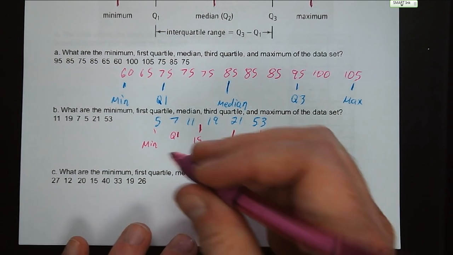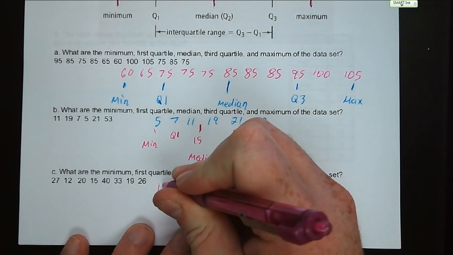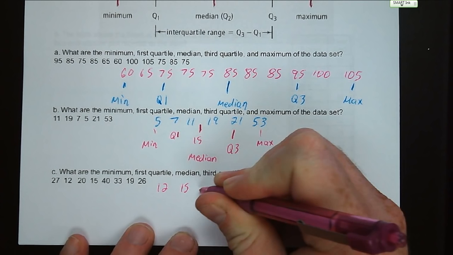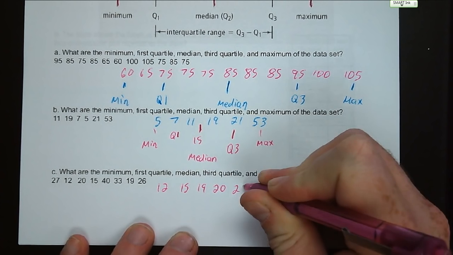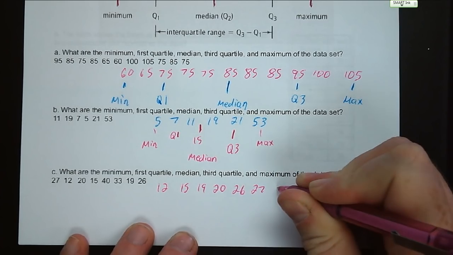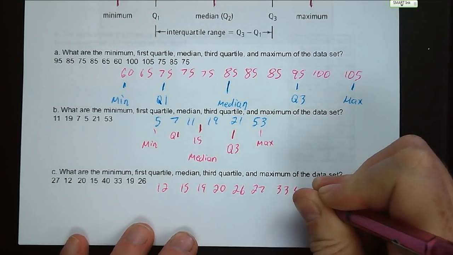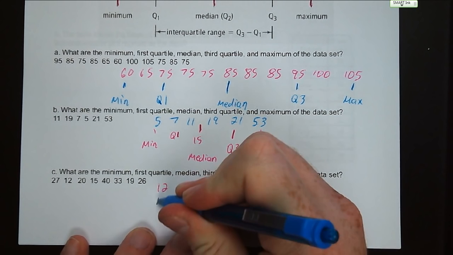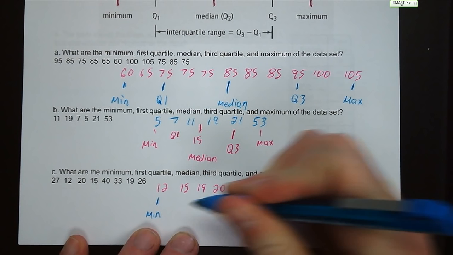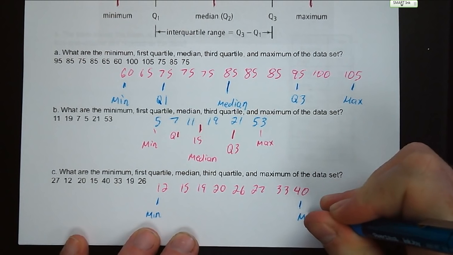So we separated out. We have our data. We have 12, 15, 19, 20, 26, 27, 33, and 40. So, first of all, min, max.